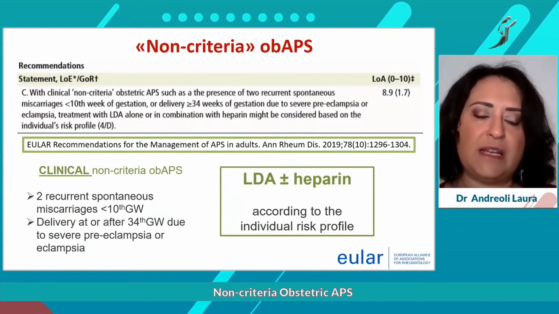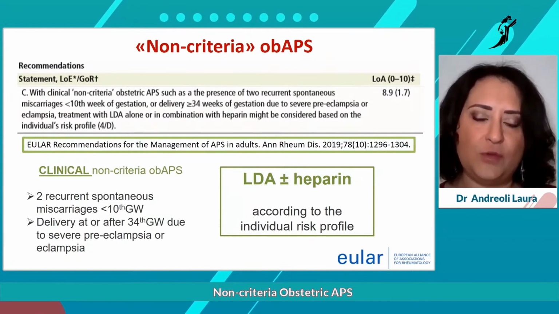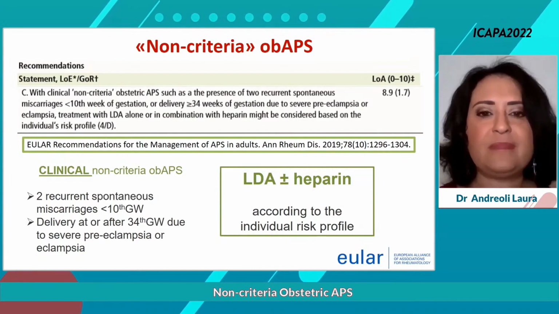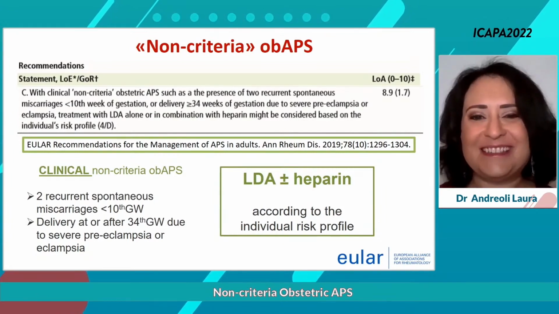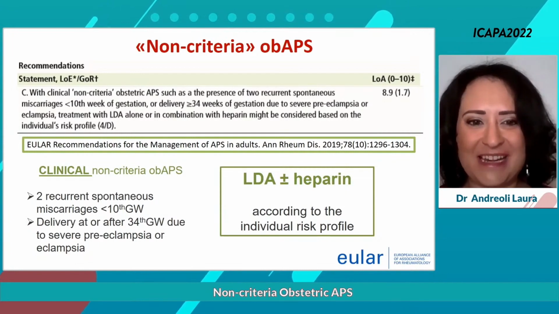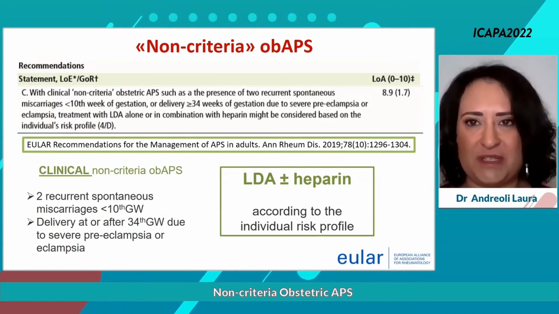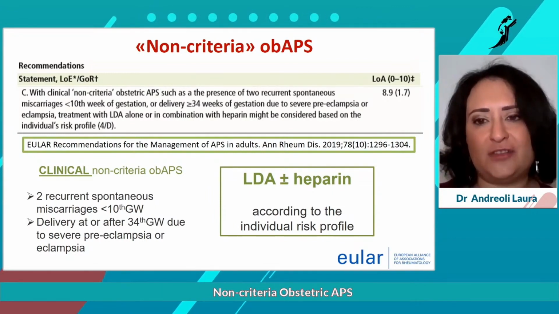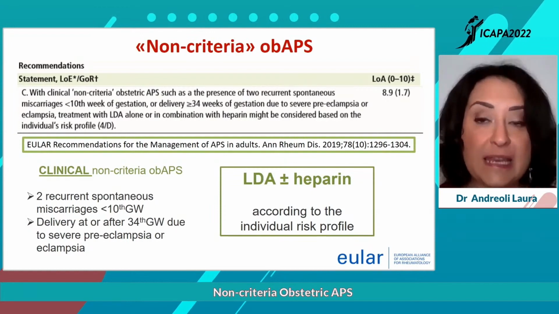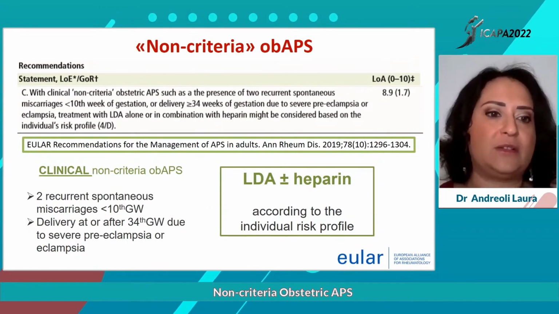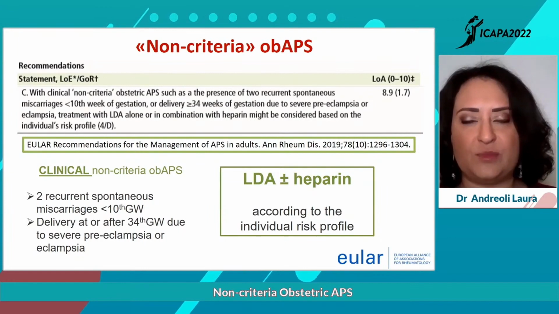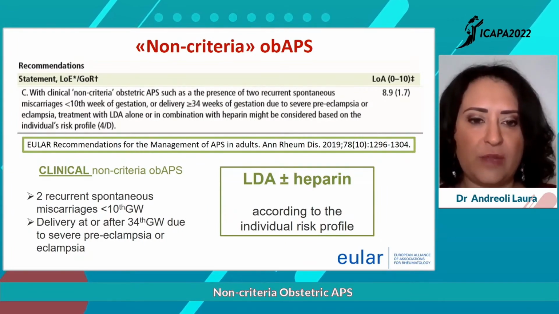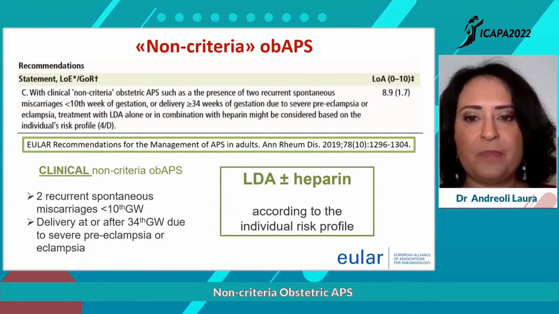And also the 2019 EULAR recommendations for the management of APS in adults got into the topic of the management of non-criteria obstetric APS. And we addressed the topic of clinical non-criteria APS, so either two recurrent spontaneous miscarriages or the delivery after 34 weeks due to preeclampsia.